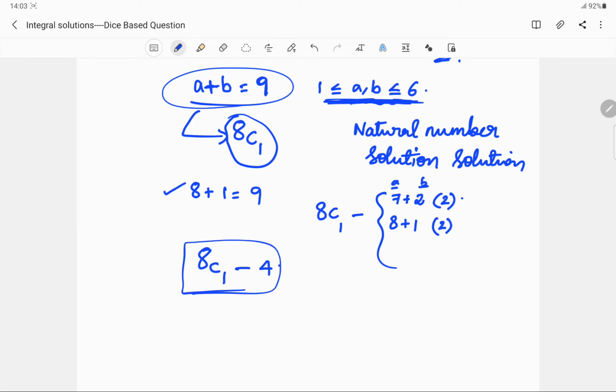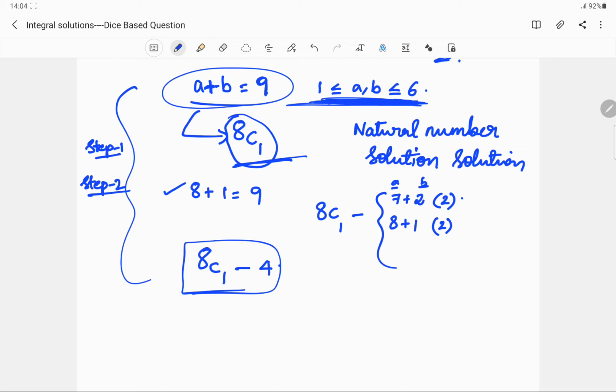So we will finally get the integral solutions to the equation a plus b equals 9, provided a and b can take a value from 1 to 6, inclusive of both. So this solution includes 2 steps. Step 1 is finding the total solutions, and step 2 is eliminating the cases where the condition given in the question is not satisfied.